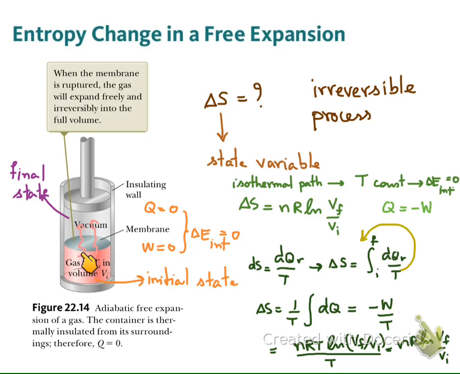But once you break the membrane, the gas diffuses through the vacuum above and fills the cylinder. So it is less ordered because it can be anywhere in the cylinder. In the initial state, the gas can be here only, but in the final state, the gas can be anywhere in the cylinder. So it's less ordered.